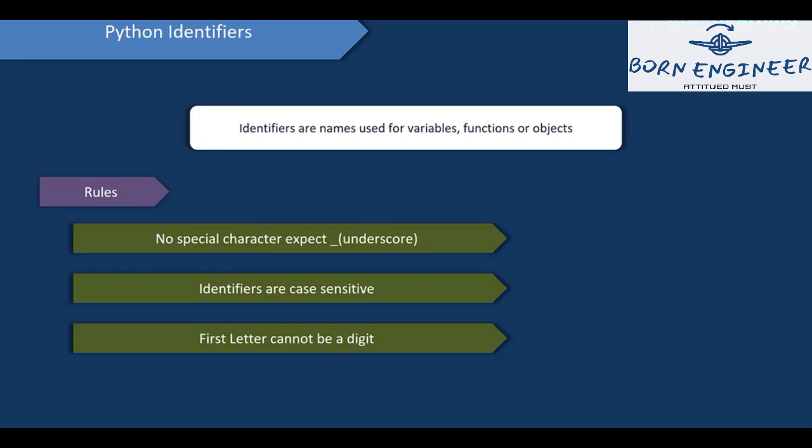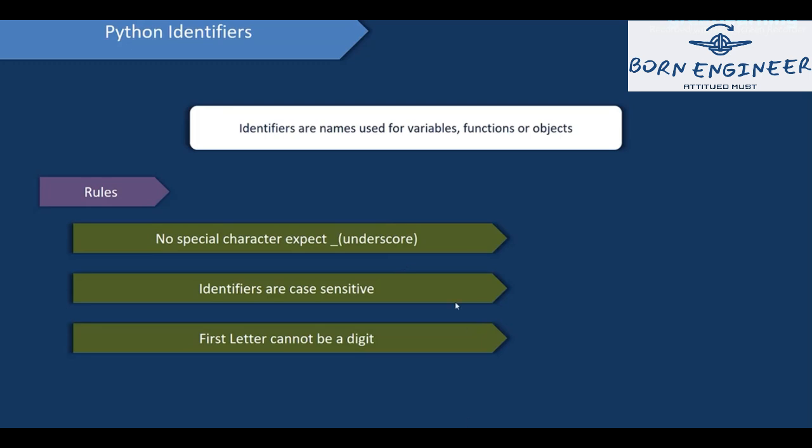Similarly, if we have to identify something in the programming world, we would have names associated with them. The data which we've got are variables, functions, and objects, and if we have to identify these, we have to give them some sort of name. These are the rules you'd have to follow when giving a name to these variables.